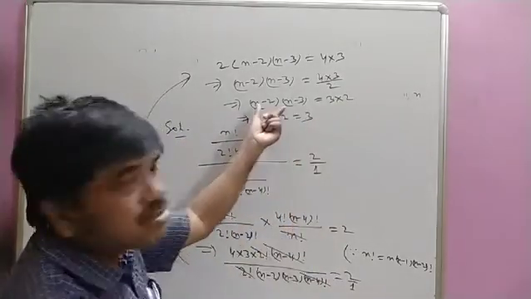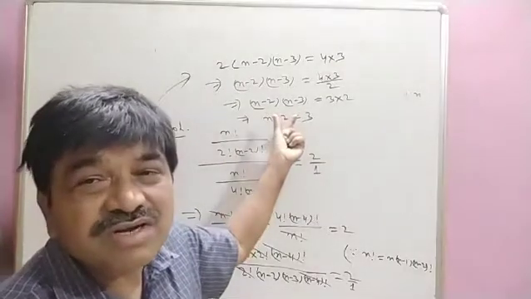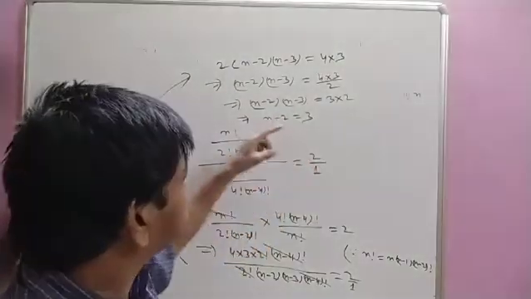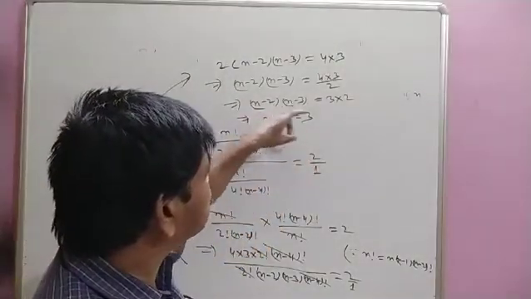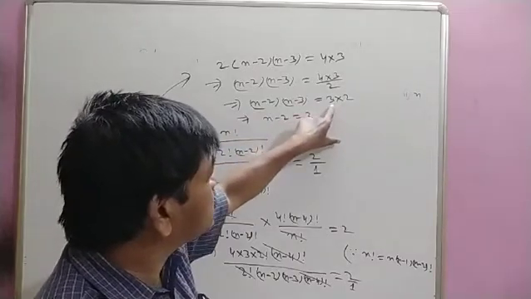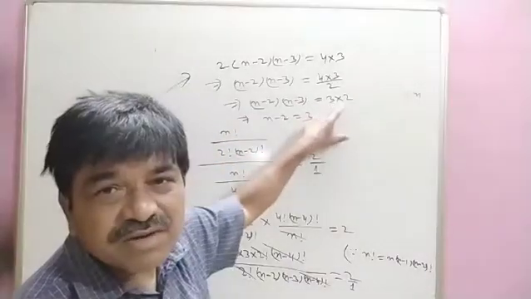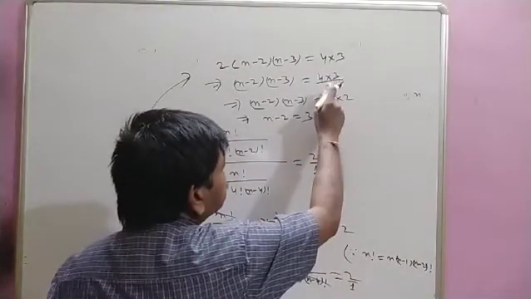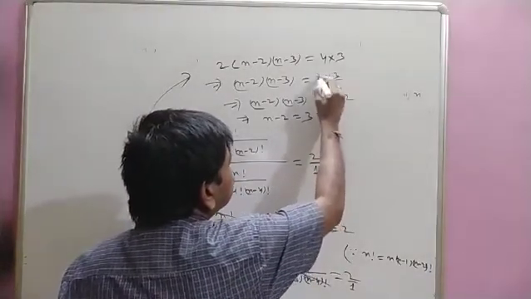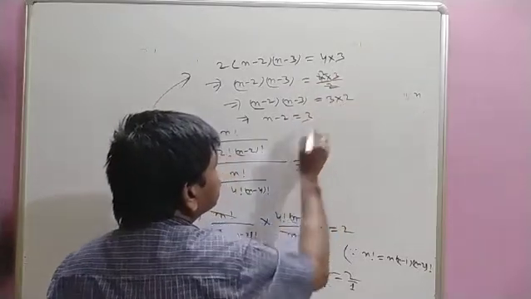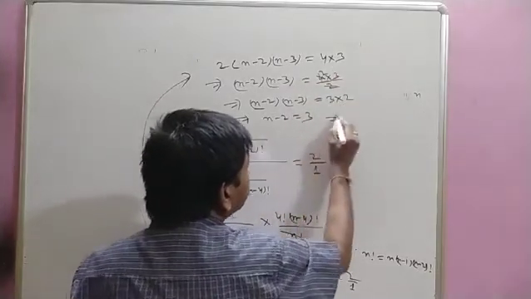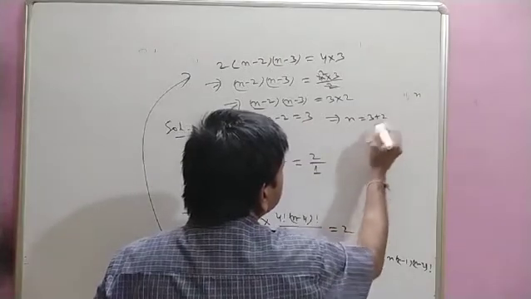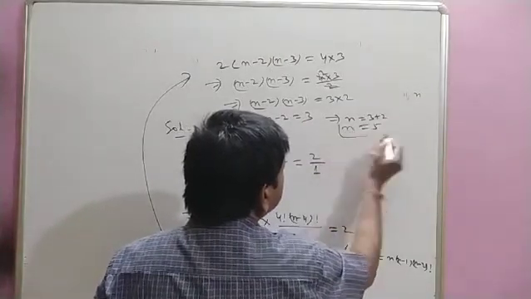You see, this is the product of two factors: the first factor is n minus 2, and the second factor, n minus 3, is reduced by 1. Similarly, here it is the product of two factors: the first factor 3, and the second factor reduced by 1, that is 2. Clear? So from this, what is your n? n is 3 plus 2, that is equal to 5. So n is equal to 5.